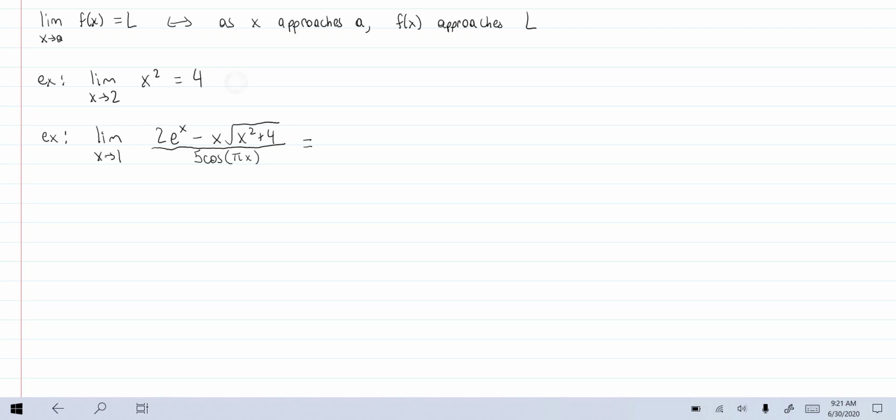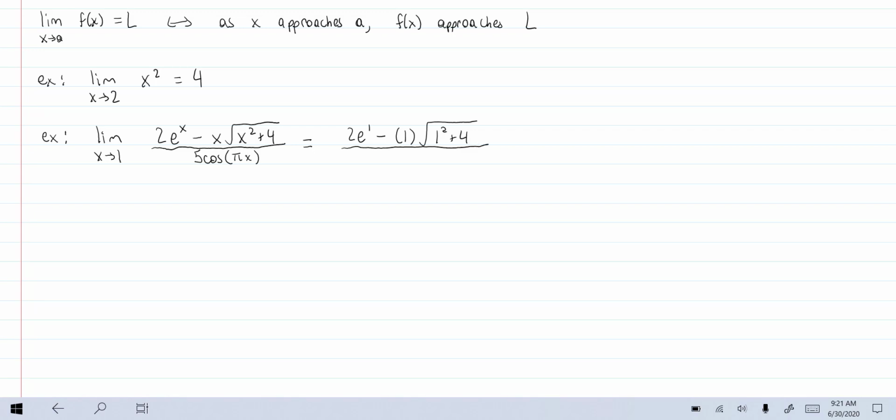So as x is approaching 1, it would make sense that e to the x would approach e to the 1. Likewise, looking over here, we know that this x is going to be approaching a value of 1. Likewise here, x is approaching 1, so this should be about 1 squared, and then plus 4.